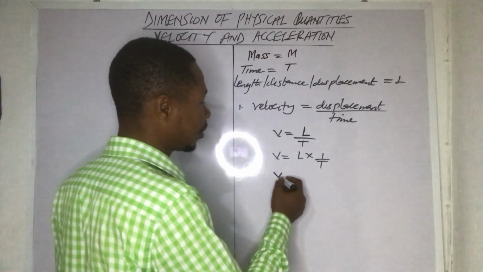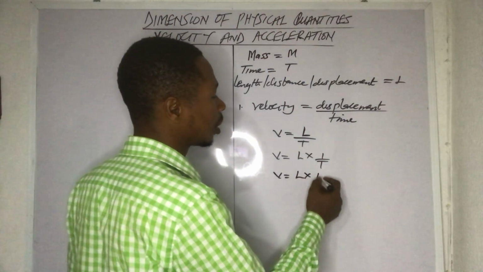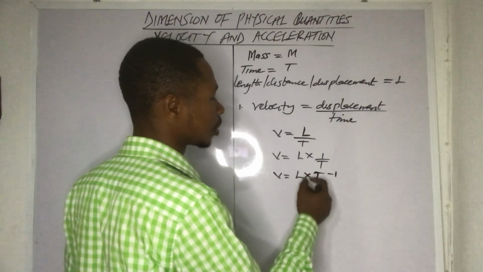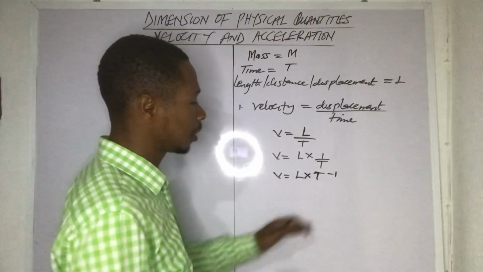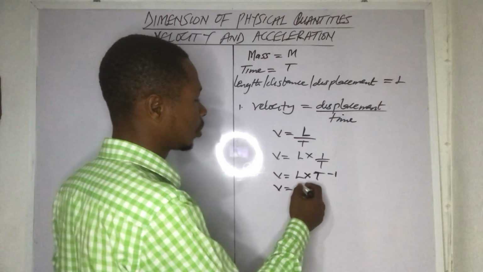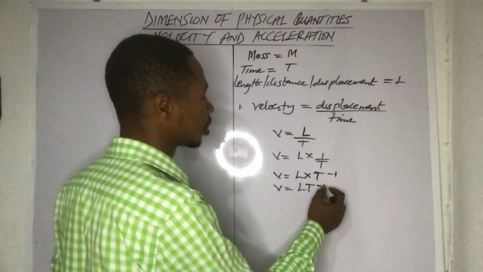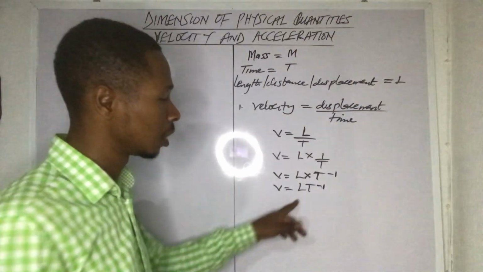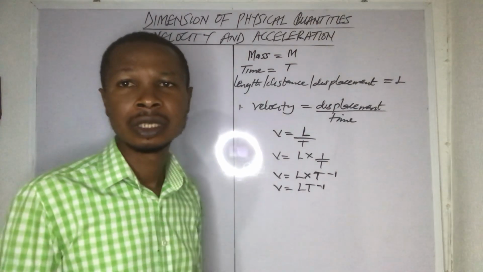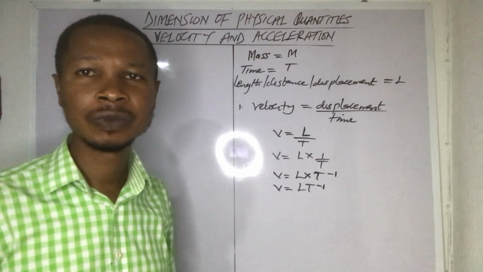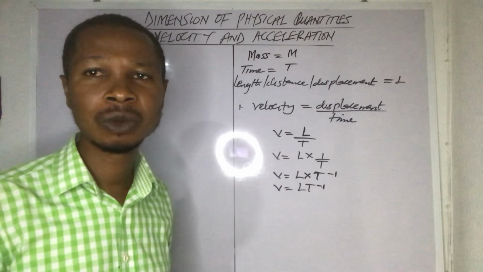So v is equal to L times t raised to power minus 1. If I multiply together, v will be equal to LT raised to power minus 1. So this LT raised to power minus 1 is the dimension of velocity. That's what we refer to as dimensioning of physical quantities.